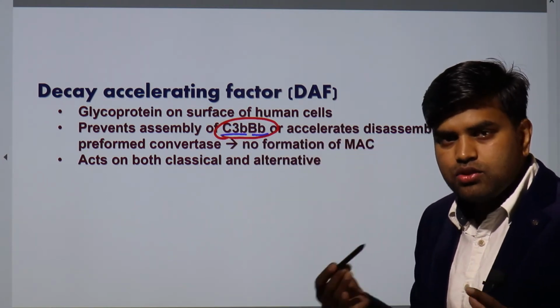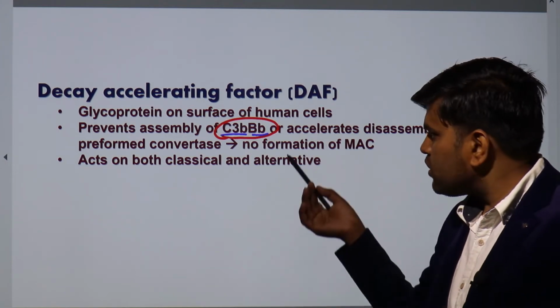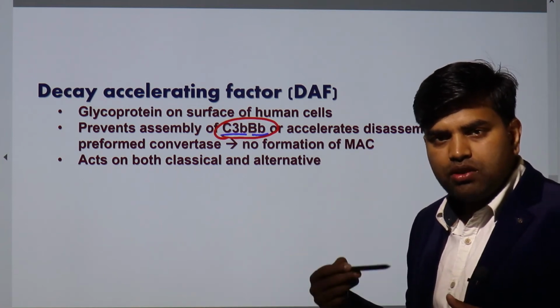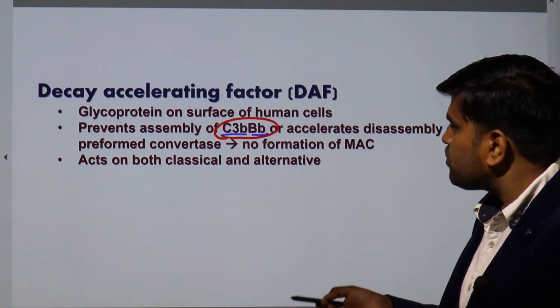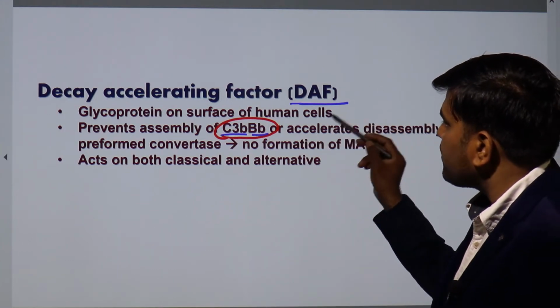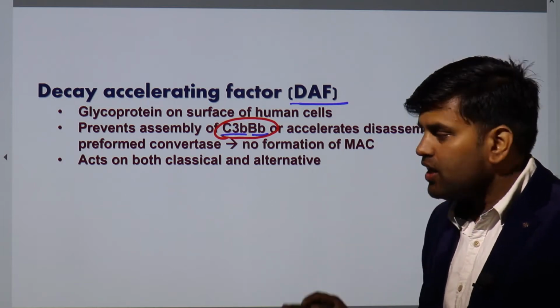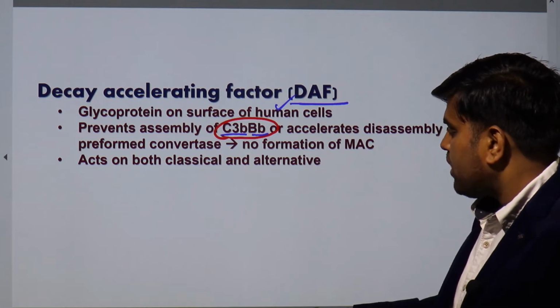If there are no microbial surfaces activating the alternative pathway, then there is no requirement of this activation. If it gets activated when there is no pathogen, then it will be triggered and will kill or damage your own cells. Because of that, this DAF factor prevents the formation of C3 convertase in the normal resting stage. But if this DAF factor is absent, then what will happen?